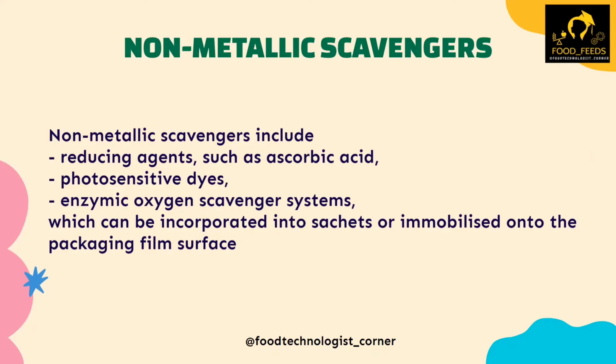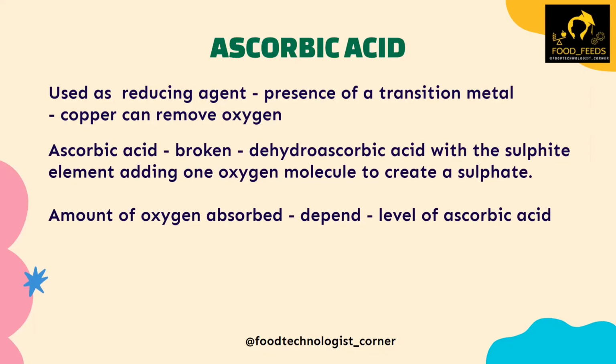These include reducing agents such as ascorbic acid, photosensitive dyes, and enzymic oxygen scavenger systems, which are again incorporated into sachets or immobilized onto the packaging film surface itself. Coming to ascorbic acid, it is used as a reducing agent, and in the presence of a transition metal like copper, it can remove the oxygen.